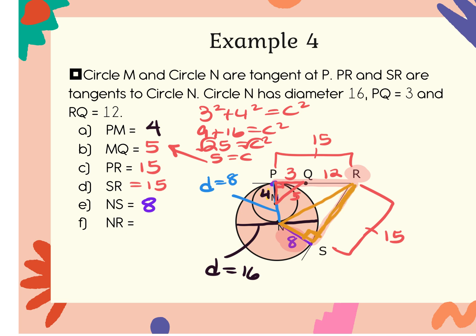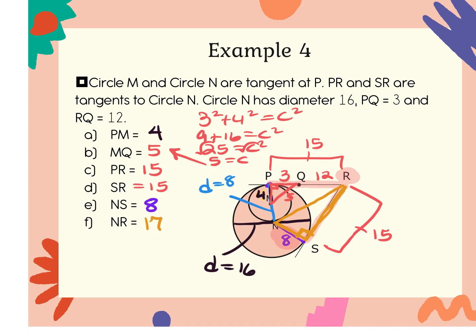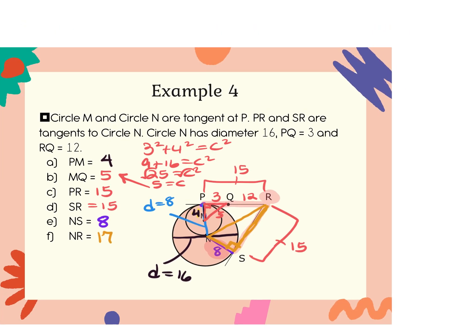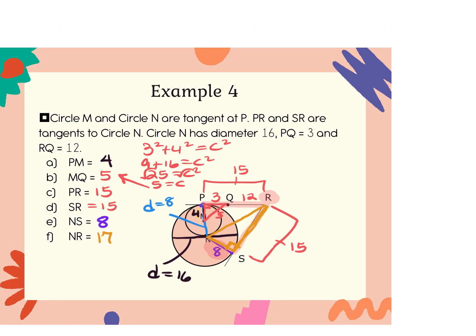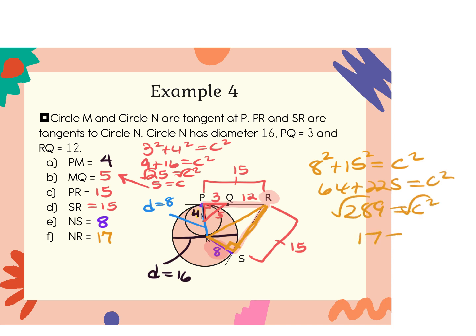This is another triple. It's actually the 8, 15, 17 triangle. So NR is 17. However, if you don't memorize your triples, you would have to do 8 squared plus 15 squared equals C squared, 64 plus 225. Add them, square root it, and that's how you get 17.